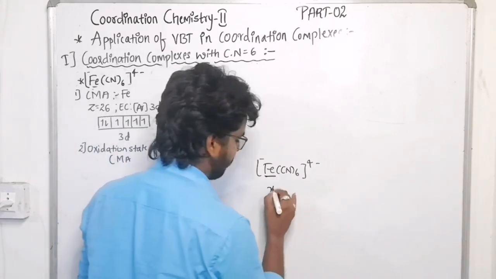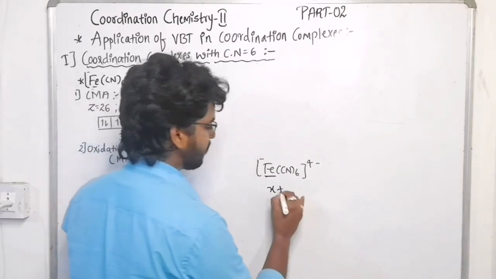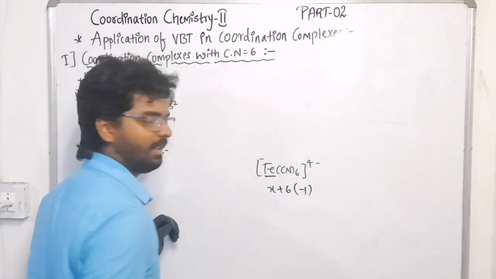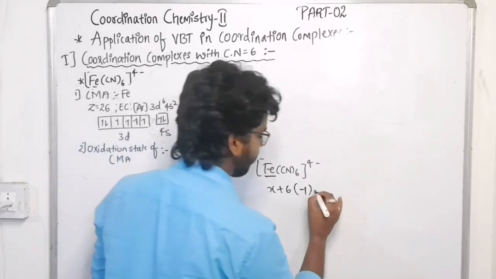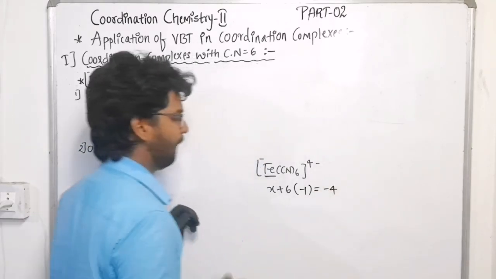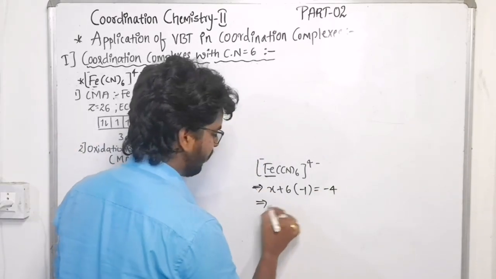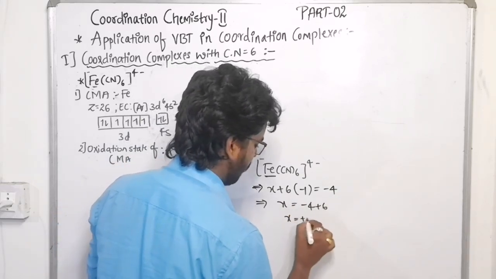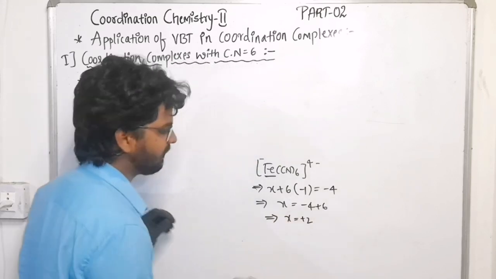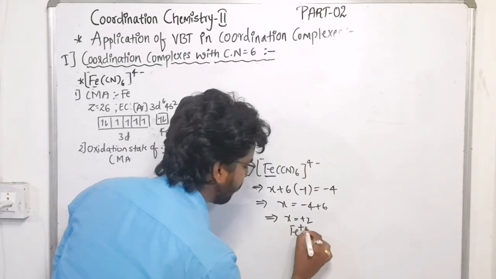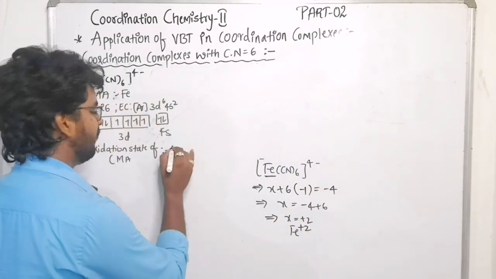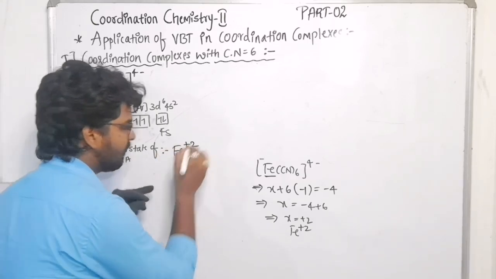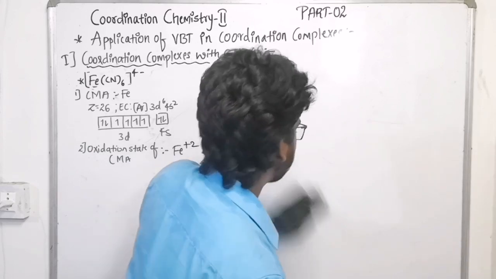Let it be X. X plus 6 times the charge on CN, that is minus 1, since each CN has minus 1 charge, equals the total charge on the complex, that is minus 4. Solving, X is equal to minus 4 plus 6, that is plus 2. That means Fe has the oxidation state of plus 2 here.